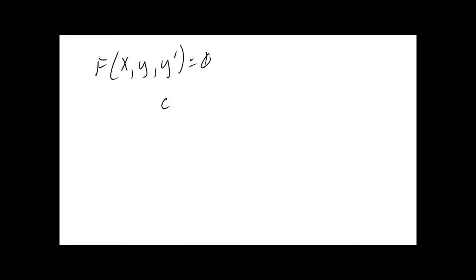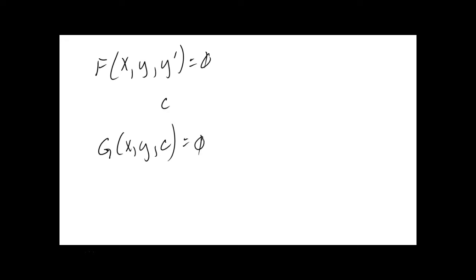So first order, we'll usually get a parameter c. A solution containing an arbitrary constant represents a set, G of x, y, and c equals 0, of solutions called a one-parameter family of solutions.